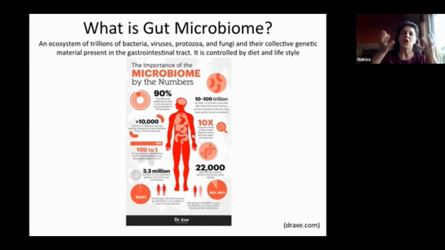And the health of all of these little microorganisms is important for the gastrointestinal health of our system. So all these microbes plus the collective genetic material they present make our gut microbiome.